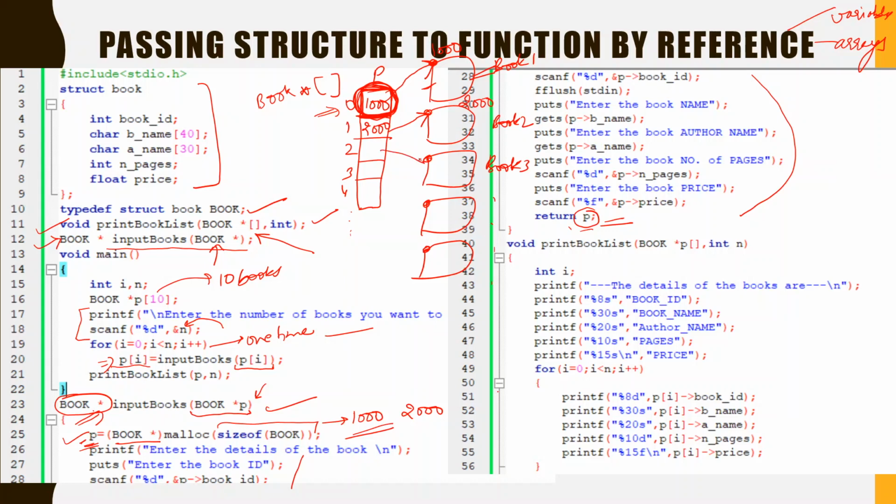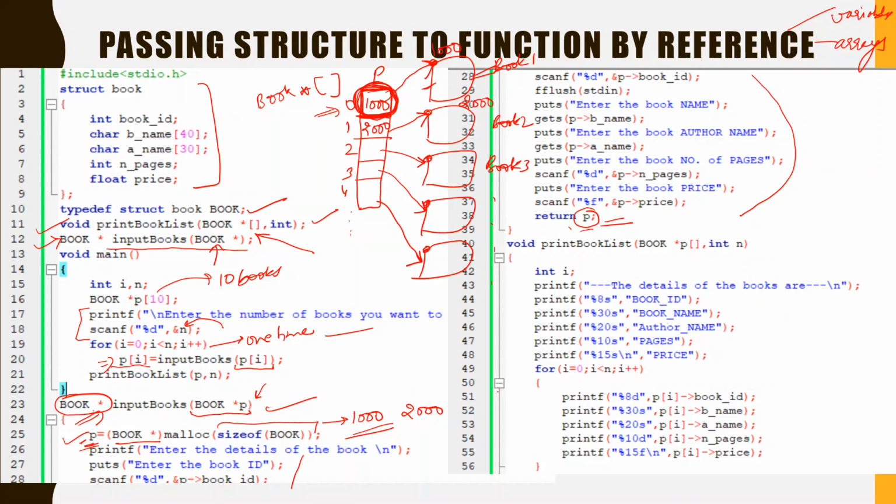So each of the members of the array of pointers is going to point to a memory block of a particular book. Now this is the concept of an array of pointers to book, and we have also seen here how to pass a variable's address, that is, pass the parameter by reference in the form of an address, and how to return an address to a particular book block.